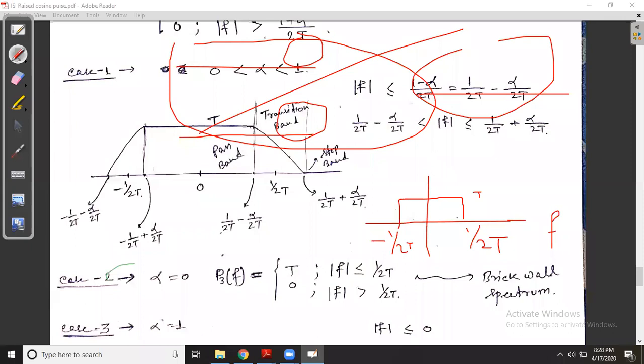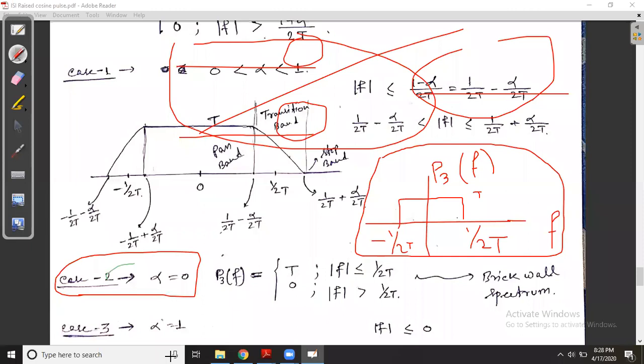This is the P3F pulse. So you can draw this for case 2. It is very simple.